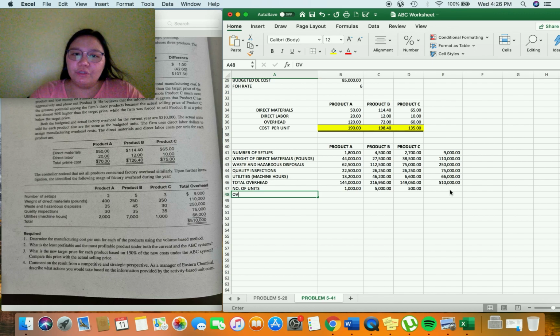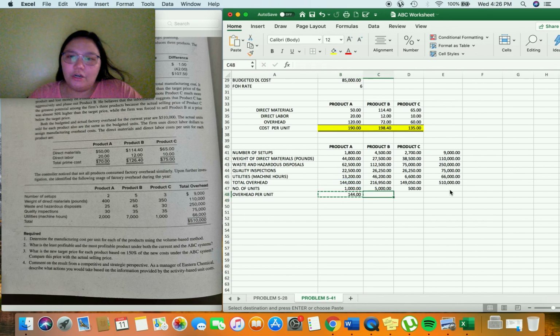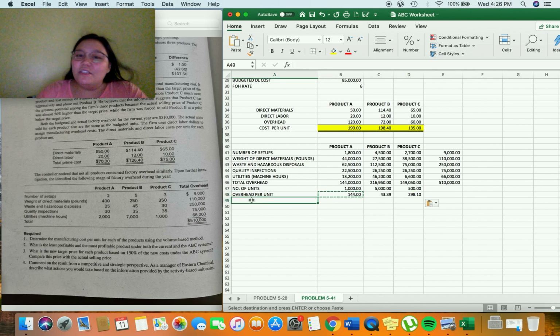So, to compute for the overhead per unit, we have, syempre, divide 144,000, our total overhead, by the number of units manufactured. So, 144 for product A, 43.39 for product B, and 298.1 for product C. Now, this is not yet the answer. Remember, we still have the direct materials and the direct labor cost.